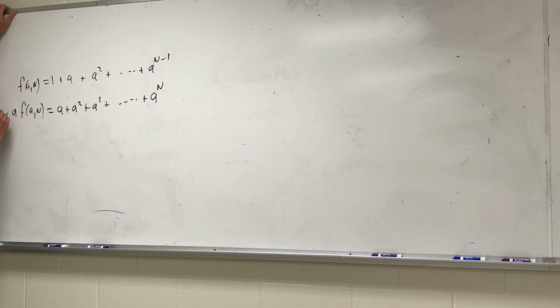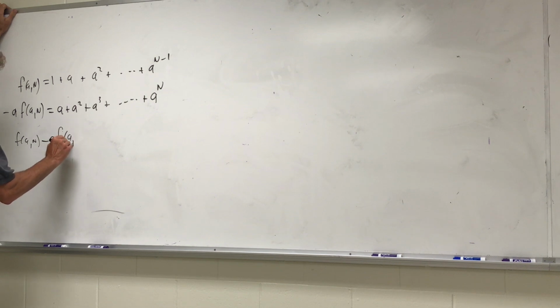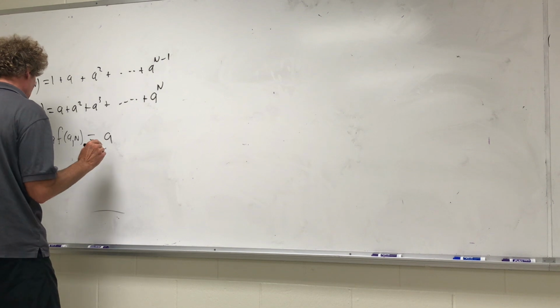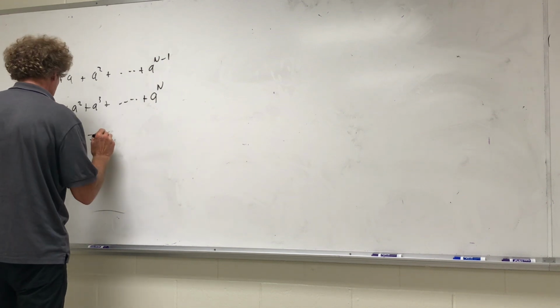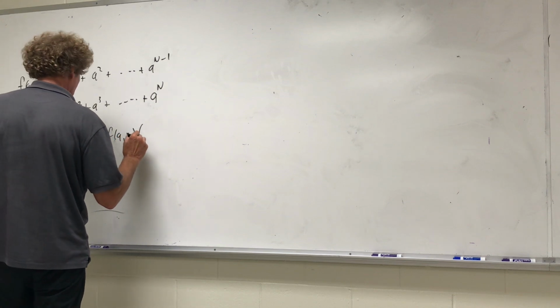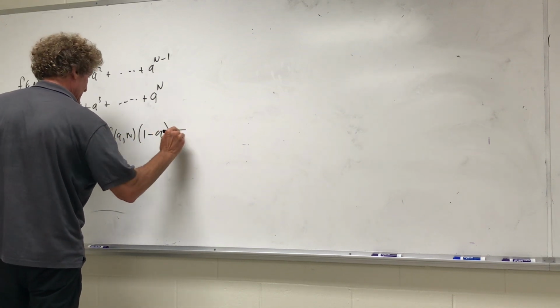Now if I take the series f of a comma n and subtract a times f of a comma n, I get f of a comma n times 1 minus a.